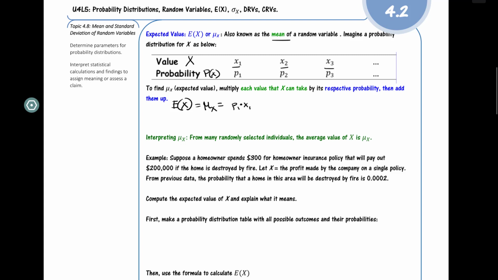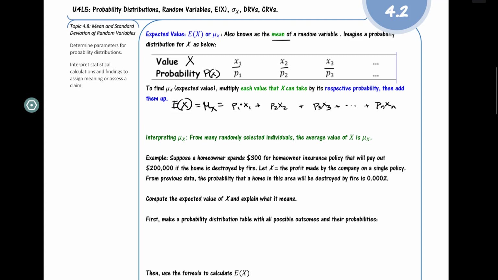Then we're going to do that with each individual one. So P2 times X2, P3 times X3, so on and so forth, all the way until we get to the very end. The probability of the last outcome times its value. And then we want to add them all up.